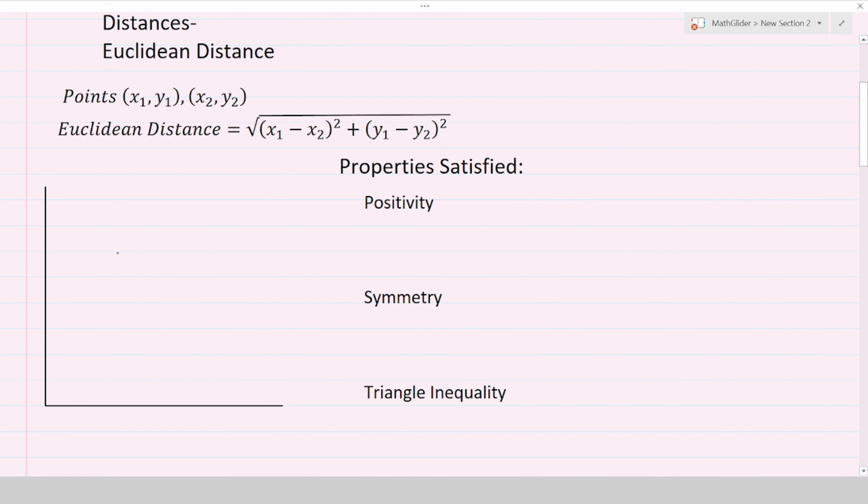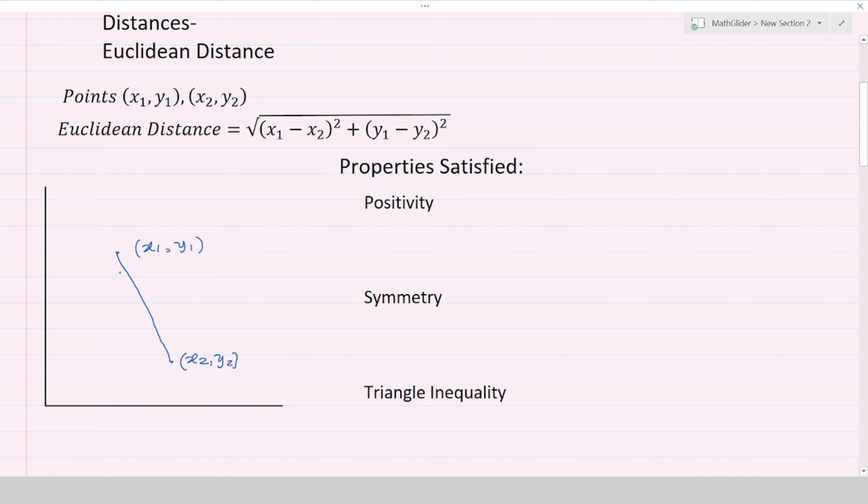Let's take these 2 points, this one being (x1, y1), and this being (x2, y2). This distance is the straight line distance between these 2 points, and it is calculated by this formula. This formula gives us the straight line distance.